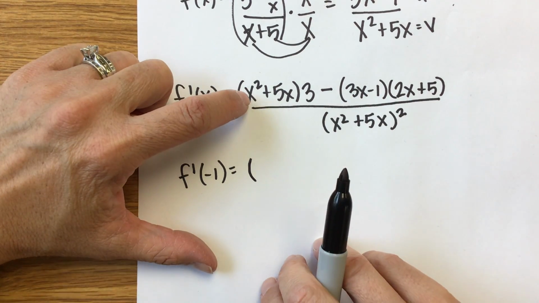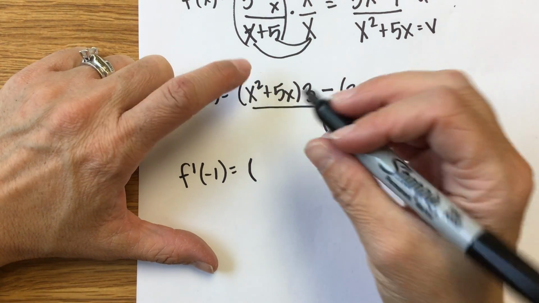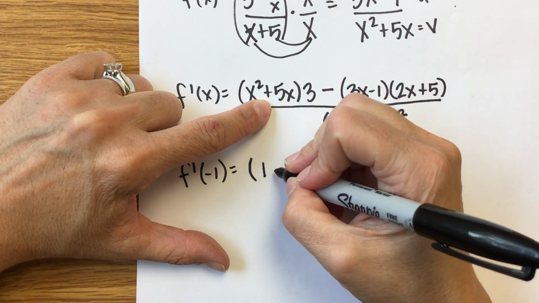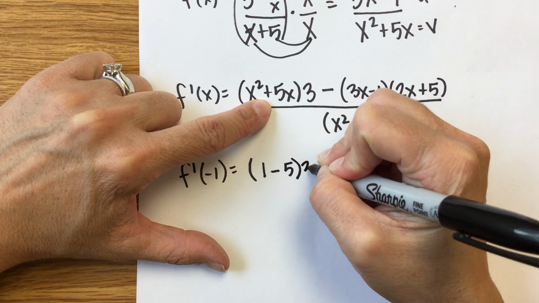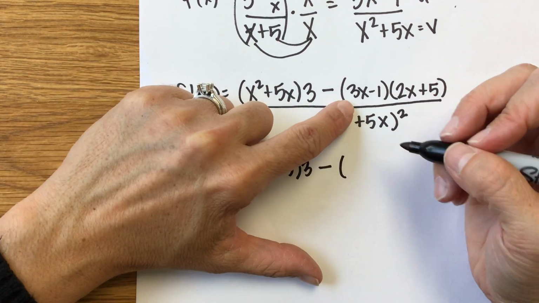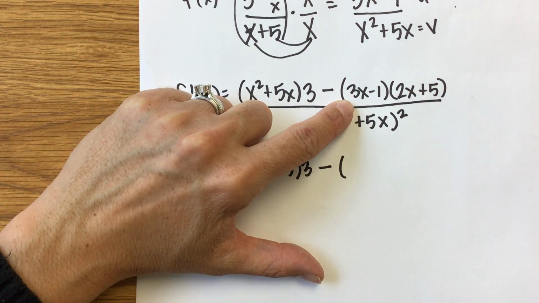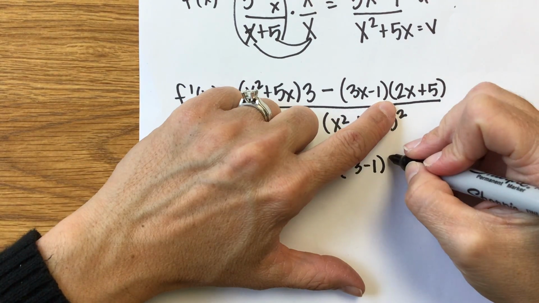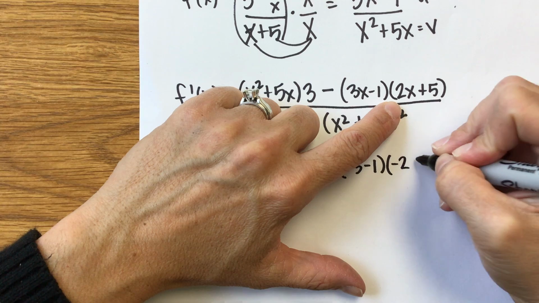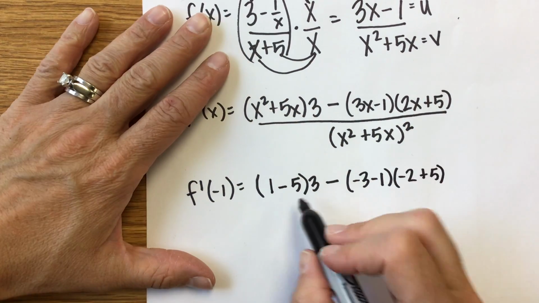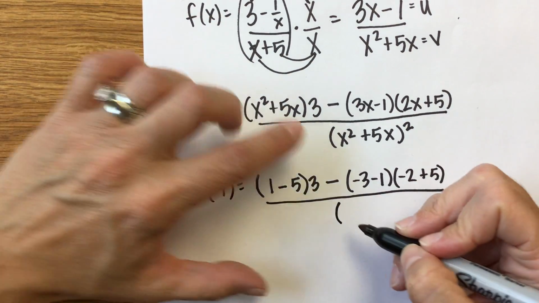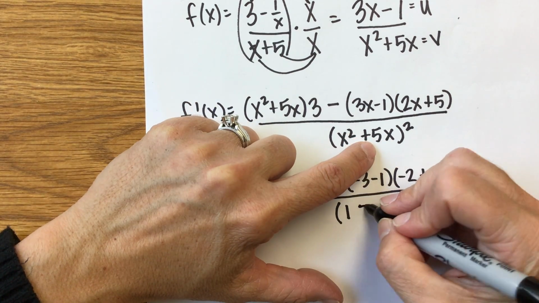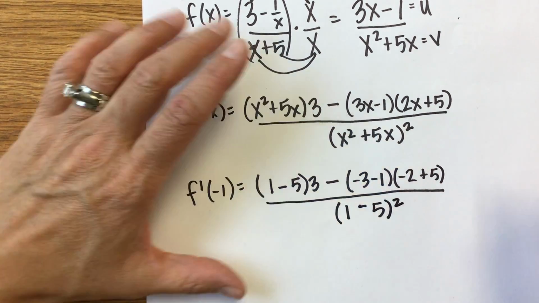I'm going to do a little bit of work in my head. -1 squared is 1. 5 times -1 makes that -5 times 3. 3 times -1 is -3 minus 1. 2 times -1 makes that -2 plus 5. -1 squared is 1 plus 5 times -1 is -5 squared.